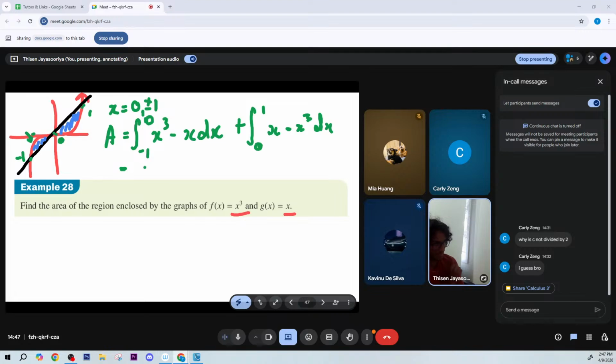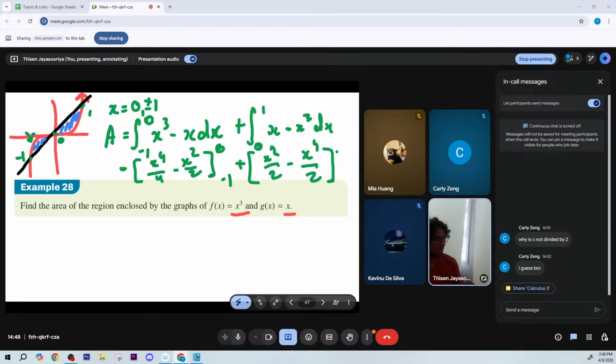Yeah? Which we can evaluate. We can do here x to the 4th over 4, take x squared over 2 from 0 to -1, plus the integral of x squared over 2, take x to the 4th over 4 from 1 to 0, right?